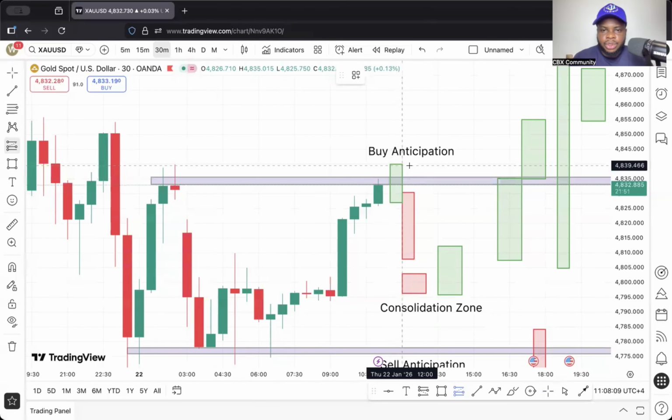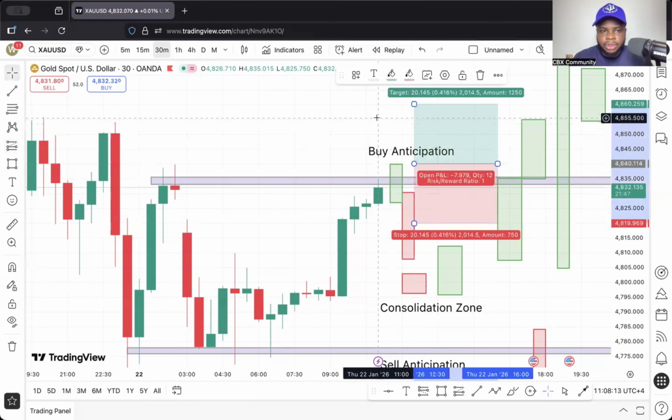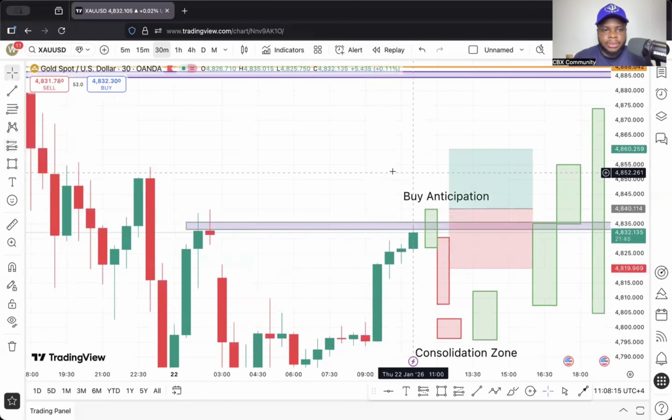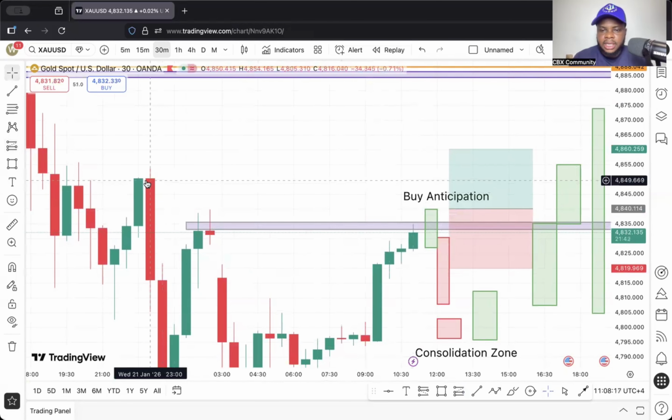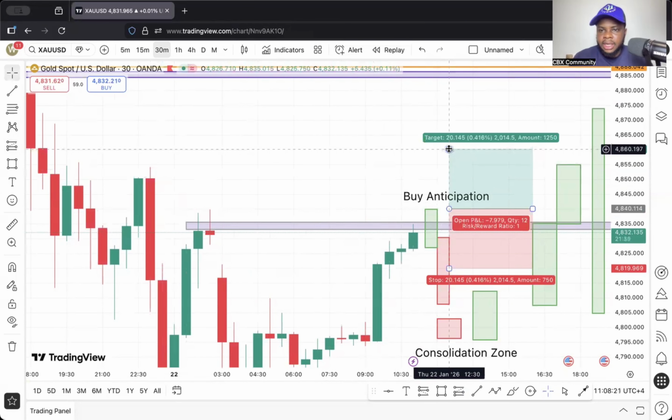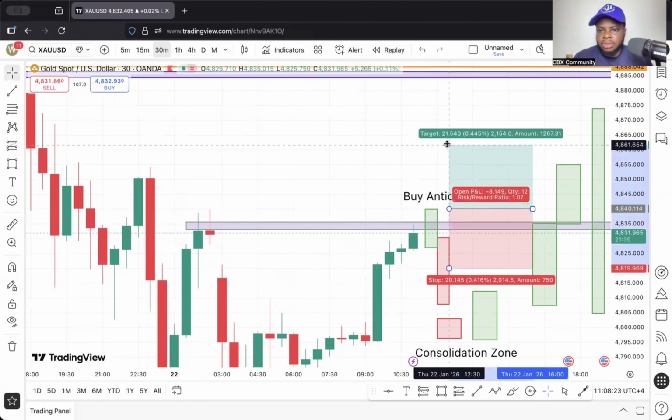If this candle continues to go up to break the high of this bearish candle over here and we decide to open a position, let's say this is a resistance zone that we are anticipating volume to break, and then according to your trading plan, your trading plan says you need to take like 200 pips, and then you need to risk like 50 pips.